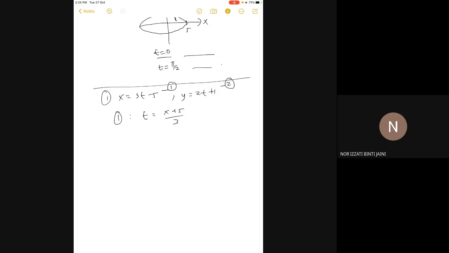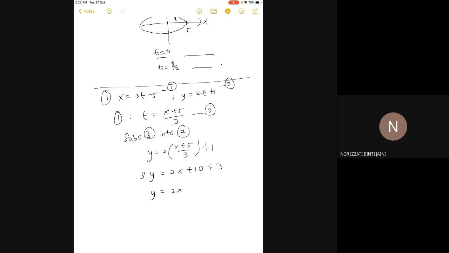Okay, so t will be x plus 5 over 3, then substitute into 2. Dua per 3, 13 per 3.